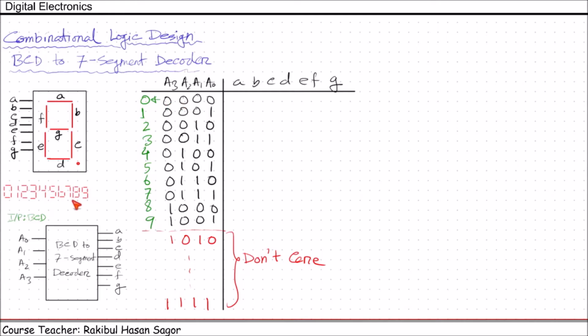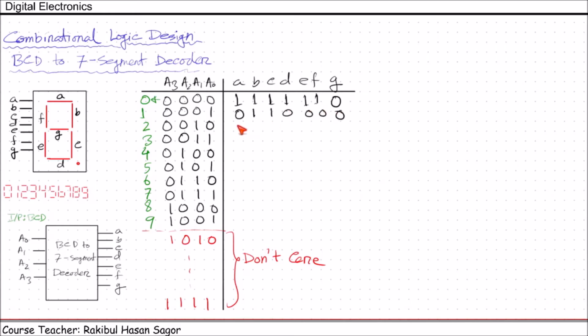Now whenever we have input 0000, we want to show 0 here, so we need to switch on A, B, C, D, E, F. So we need to switch on these lights A, B, C, D, E, F except G. So all the variables will have output 1 except G. Then to represent 1, B and C will be 1 and others will be 0.